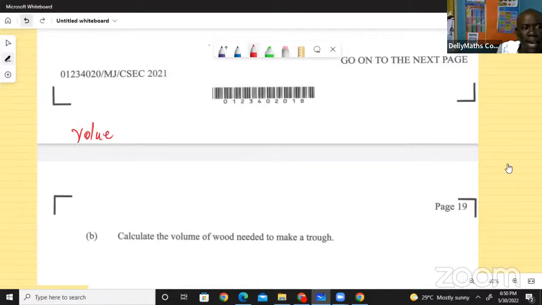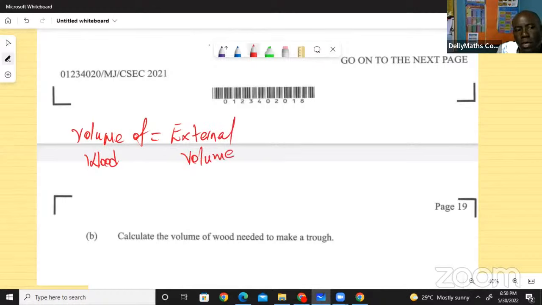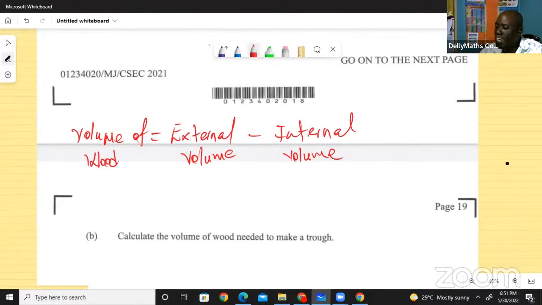So we want to think about the idea now. The volume of wood is simply the external volume minus the internal volume. So if I find the volume of the outside measurement and then find the volume of the inside measurement, I am going to get the whole thickness, and the whole thickness is actually the wood itself.